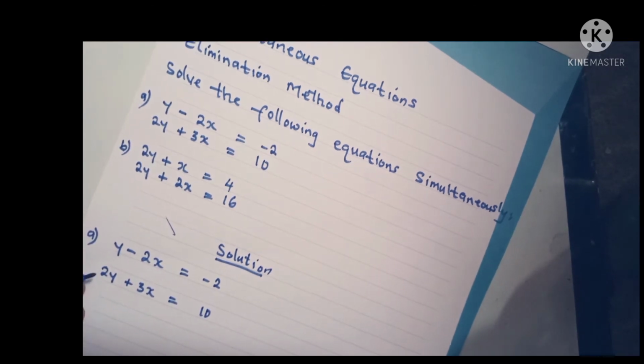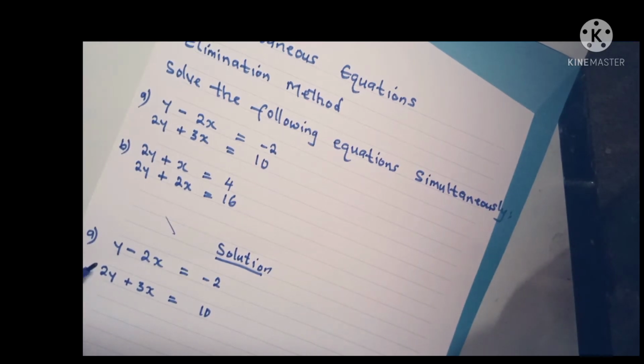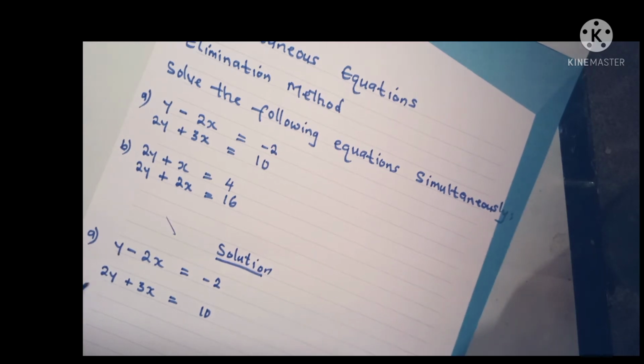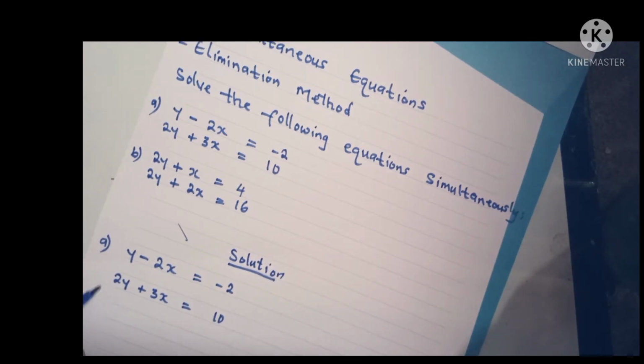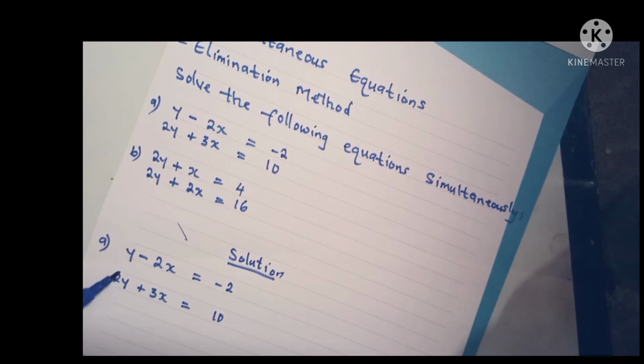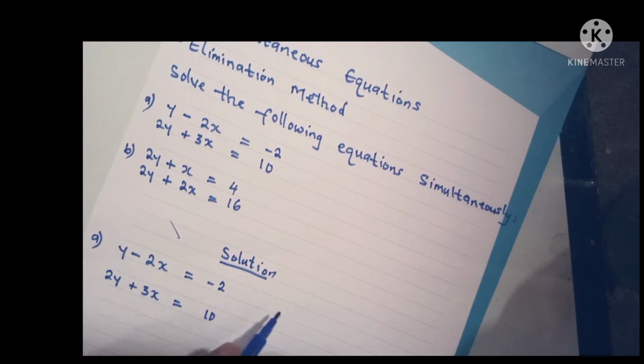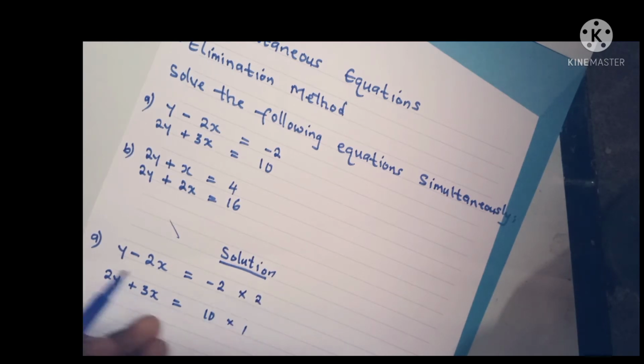Now we're going to eliminate one of the variables. We have y and x. So these equations are in two variables, y and x. We're going to choose which variable is going to be easier for us to eliminate. And in this case, it should be y, because if we multiply the first equation by 2 and this one by 1, we're going to have the coefficient of this unknown y equal.